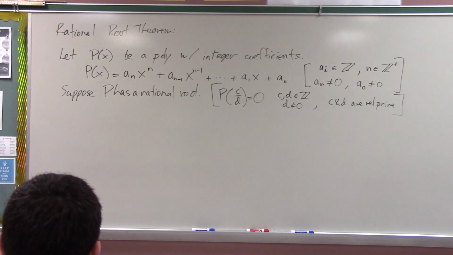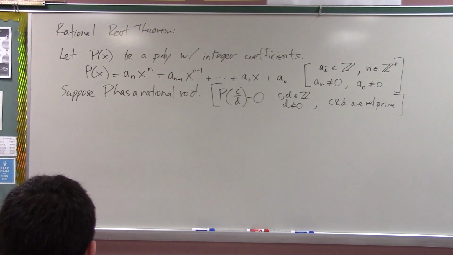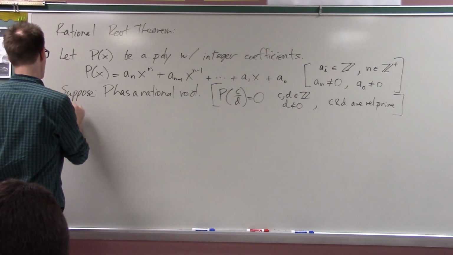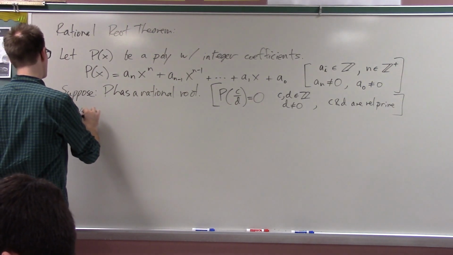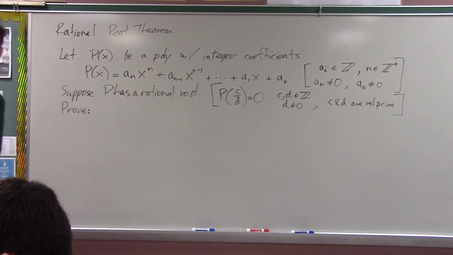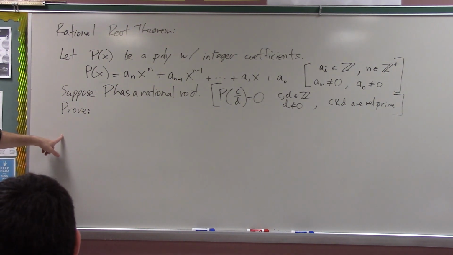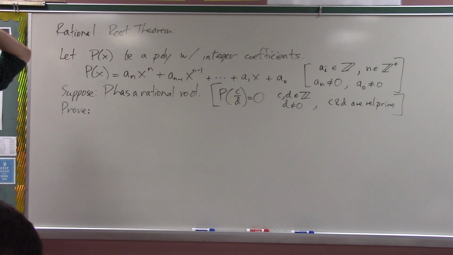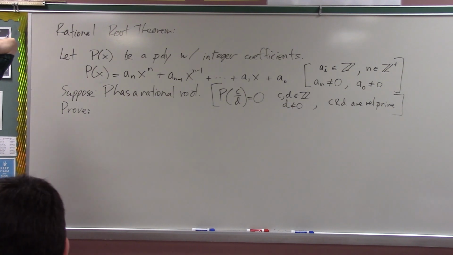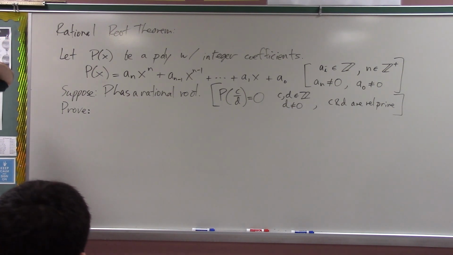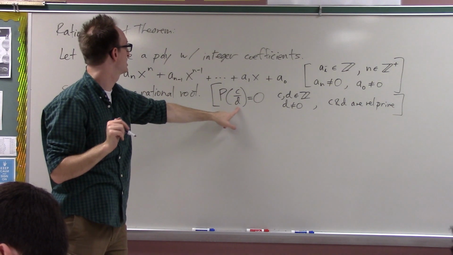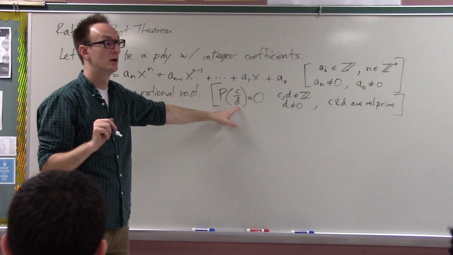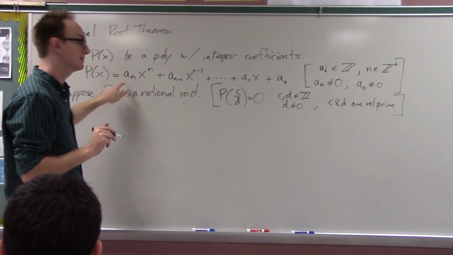So far we supposed that this had a rational root. We still haven't done anything yet. What is it that we're actually trying to prove? What does the rational root theorem actually say? That D is a factor of the leading coefficient. In other words, D should go into A sub n.